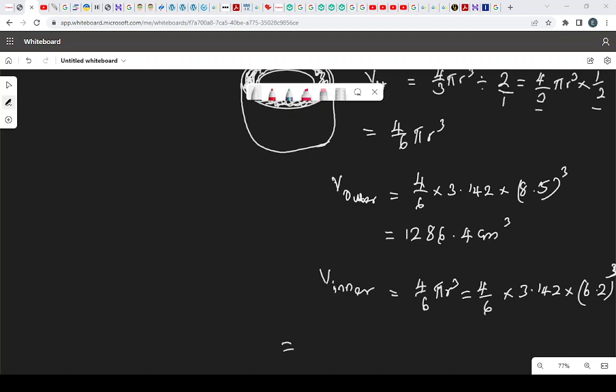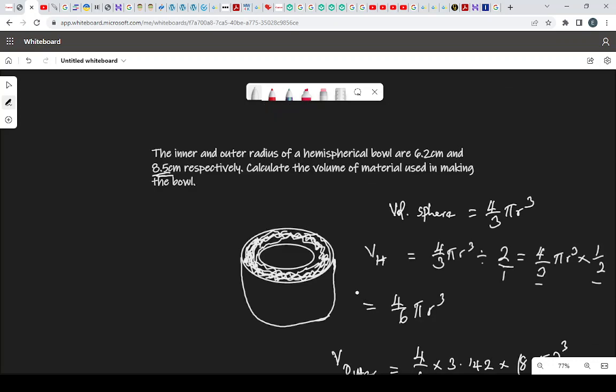Then multiply by 3.142. Again, multiply that by 4. That gives us 2995.3 divided by 6. That gives me 499.2 approximately. 499.2 centimeter cubed is the volume of the inner part of the bowl, this hollow part of the bowl here.